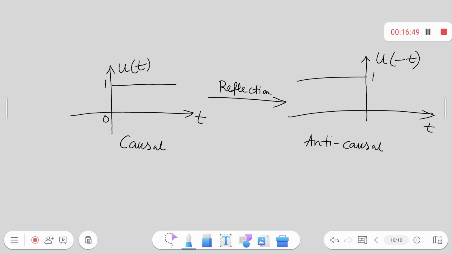So this anti-causal signal is a non-causal signal. All anti-causal signals are non-causal signals, but not all non-causal signals are anti-causal.